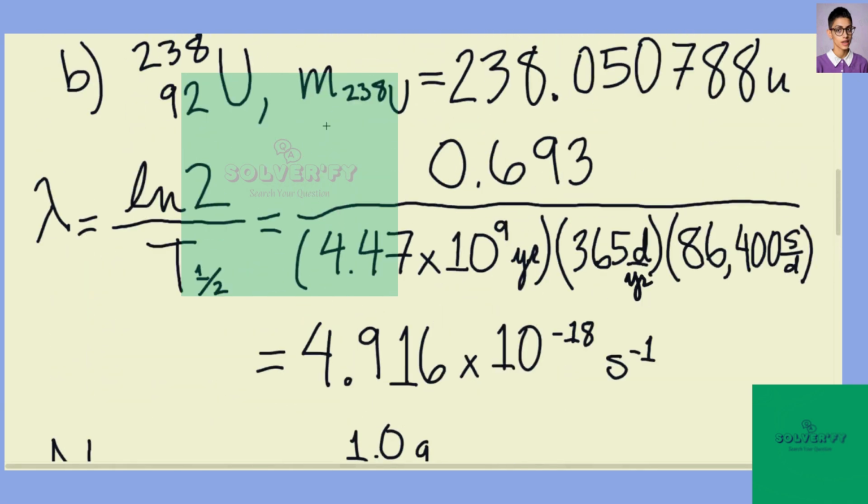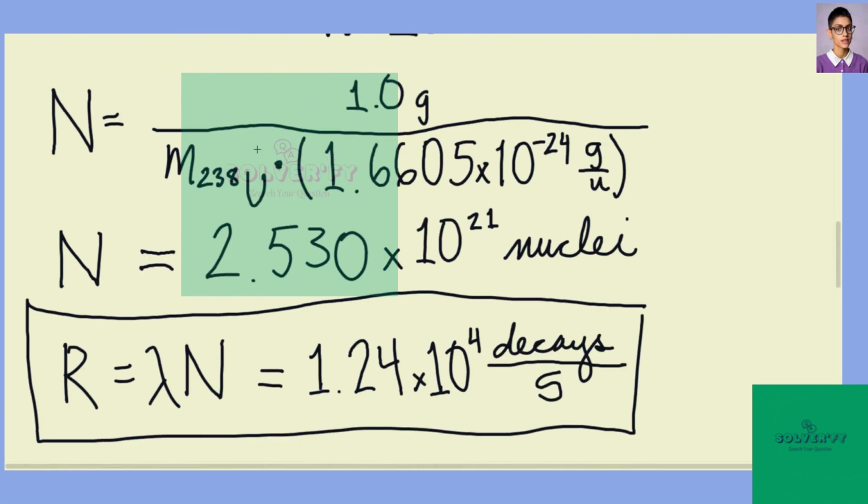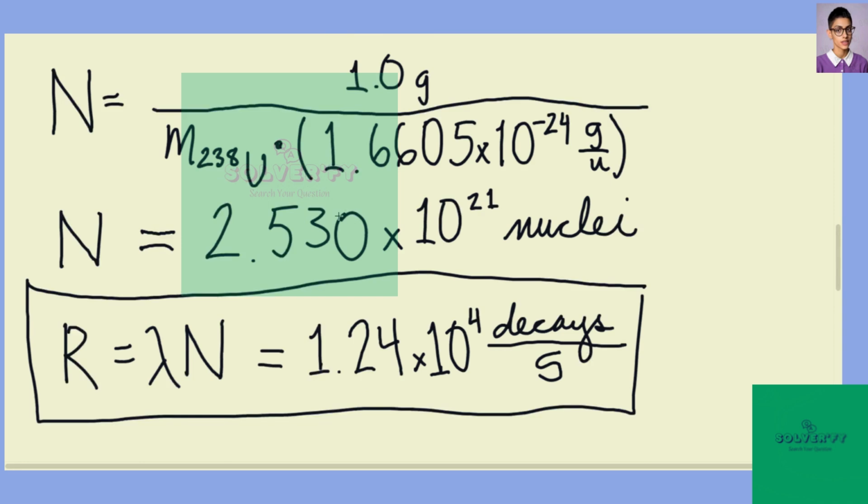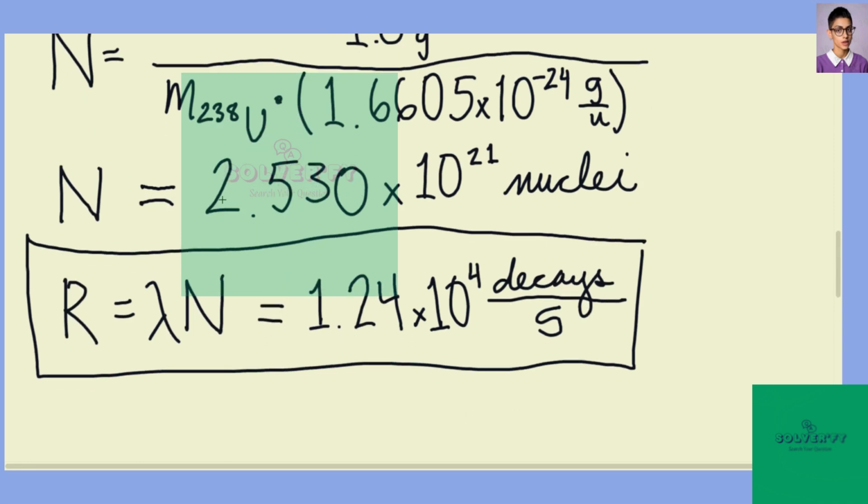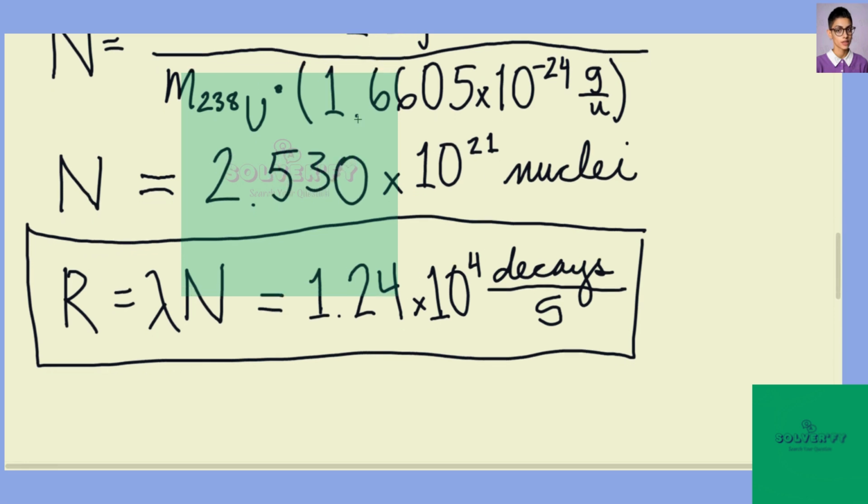And finding our number of nuclei in the sample, we're again told we have a 1 gram sample. We're going to divide that by the atomic mass after converting that atomic mass to grams. Plugging those in, we find that we have 2.53 times 10 to the 21 nuclei in this 1 gram sample.